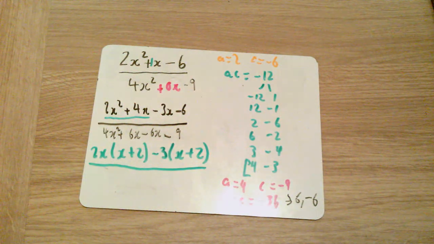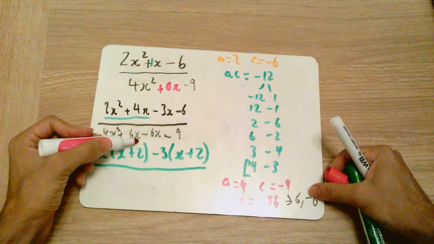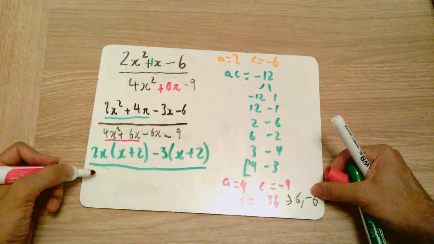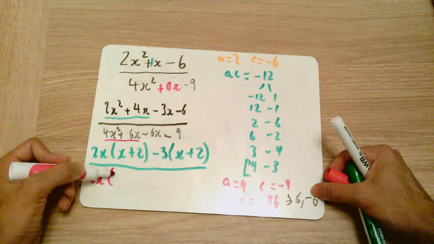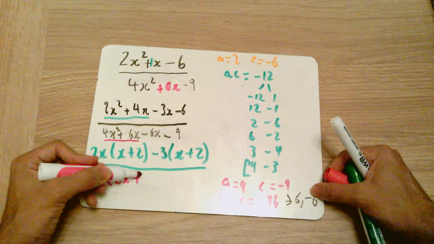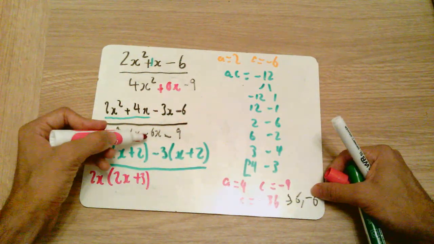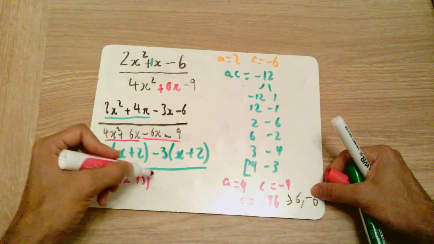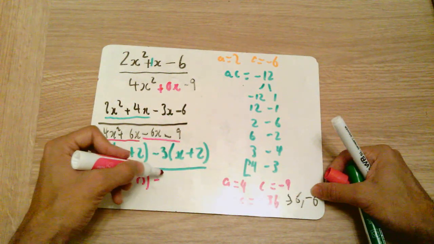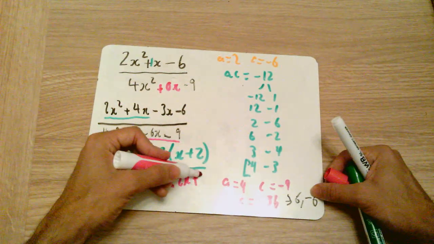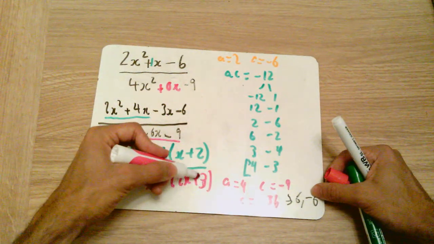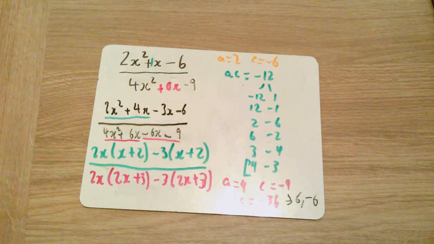And on the bottom, if we factorize these in pairs, 4x squared plus 6x is again taking out a factor of 2x. And that leaves us with 2x plus 3. And then minus 6x minus 9 means we take out a factor of minus 3, gives us 2x plus 3 as well. That is our common factors.